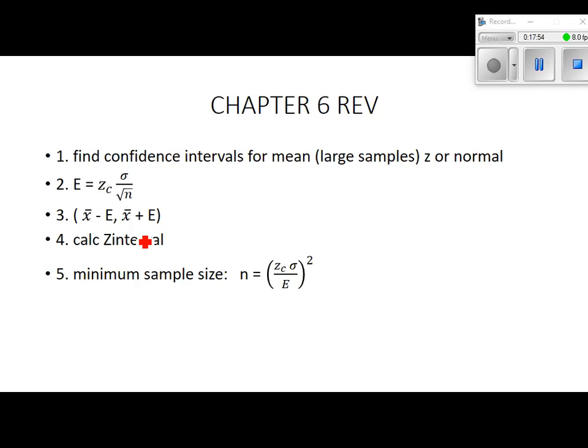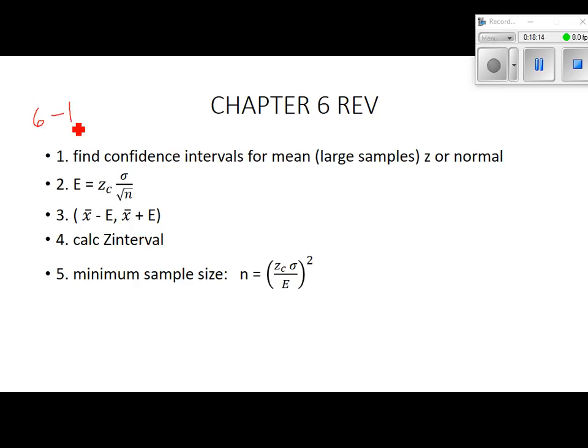Go ahead and start copying this down. This is what's gonna be on the test. And I separated these, all right? So we got like 4 slides because in this chapter there were how many sections? 4 sections. So this is like section 6.1.